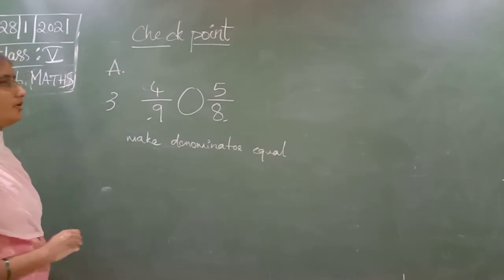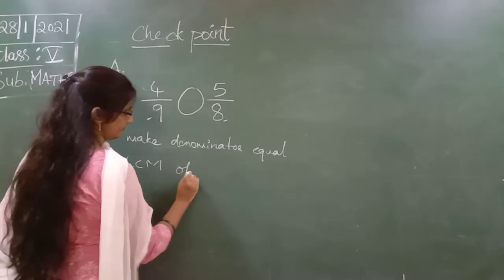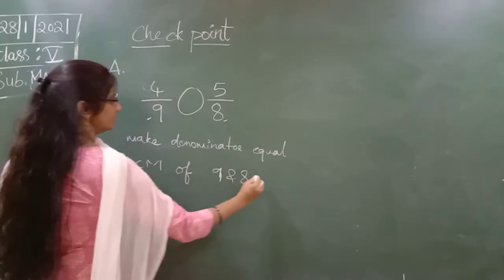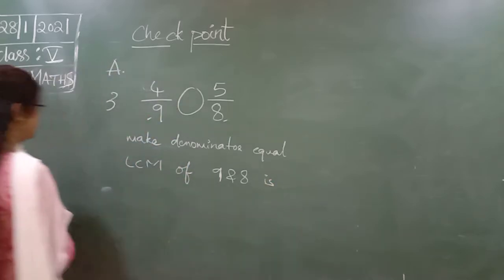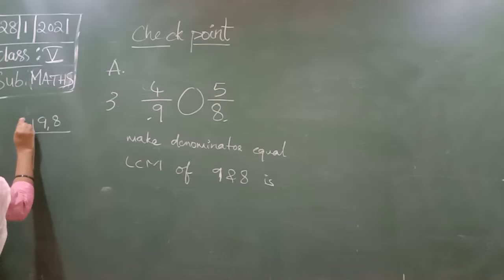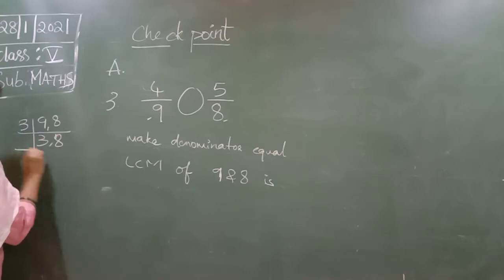Take the LCM of 9 and 8. How do you find the LCM? 9 and 8. Always remember, only use prime numbers here, not composite numbers. 9 divided by 3 is 3, and 8 stays.